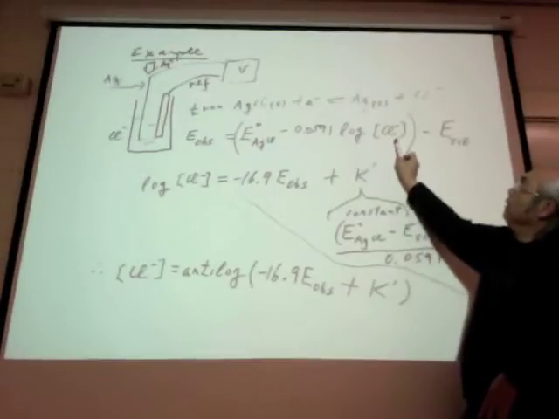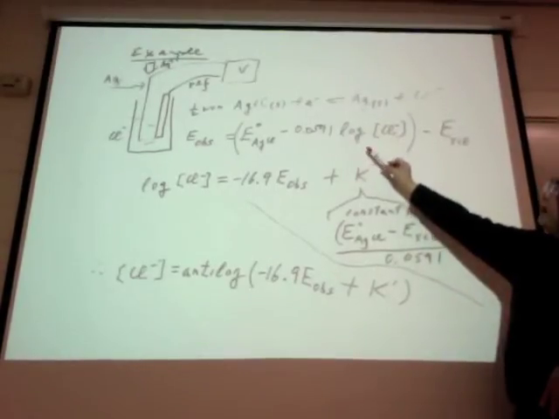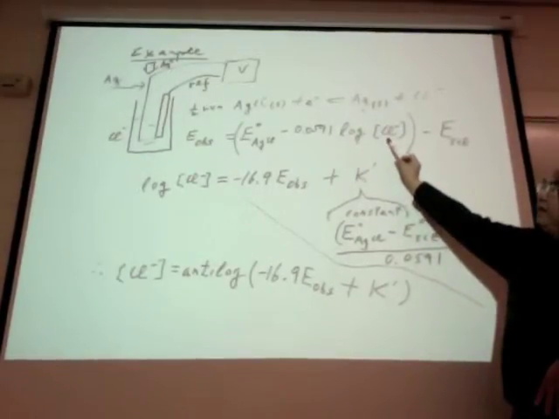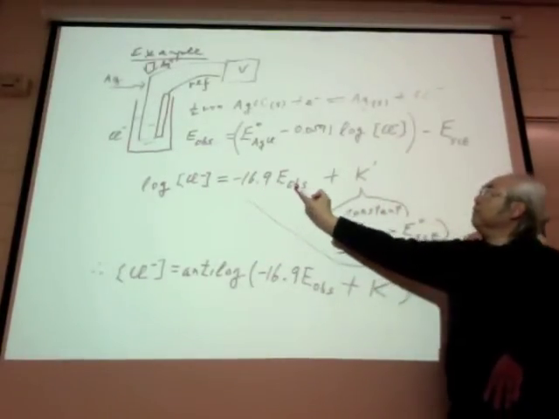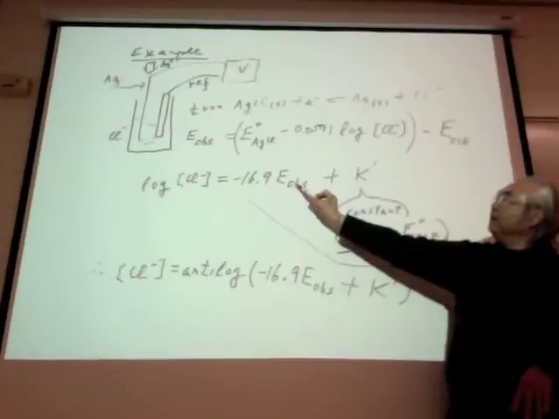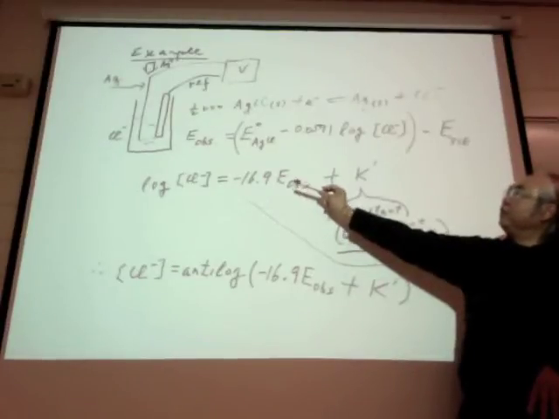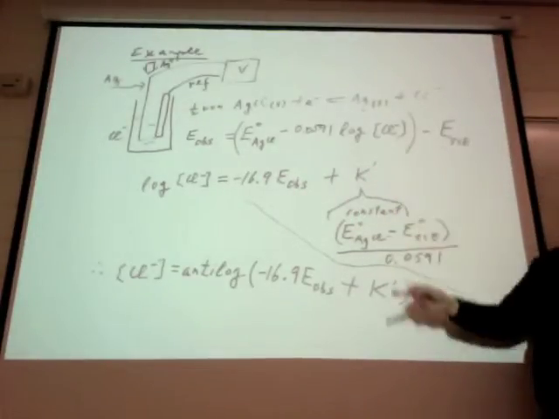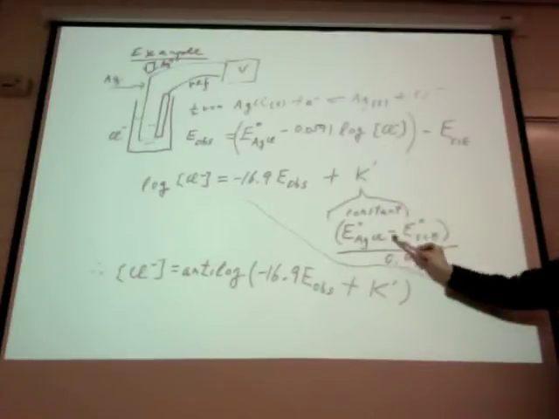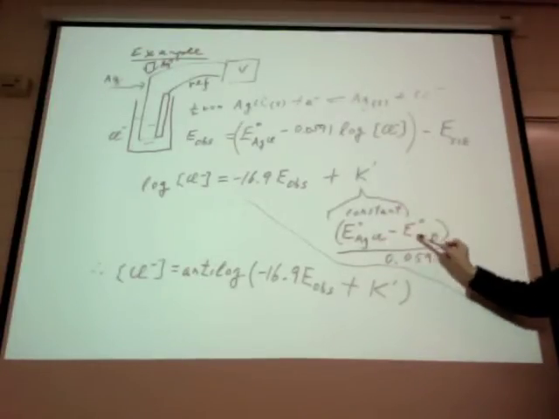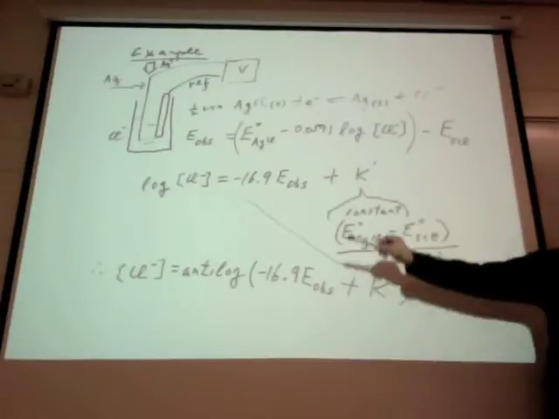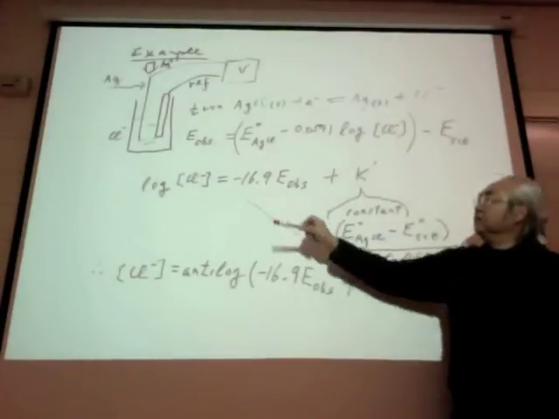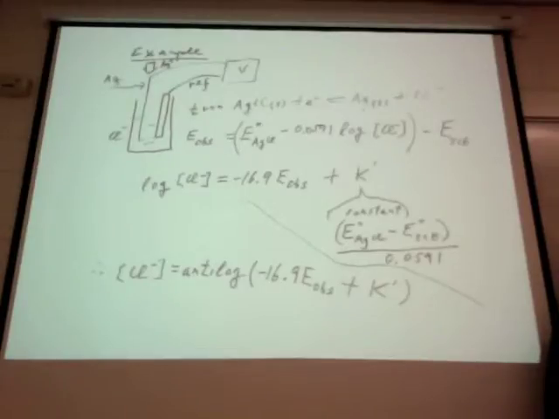Now do the math here. If we extract the log of analyte, then log analyte is equal to minus 16.9 multiplied by the E observed plus the constant. The constant is equal to this one, subtract that over that. So you take the picture and then try to figure out where the 16.9 comes from.